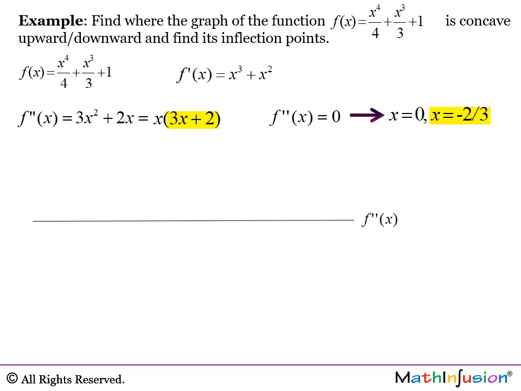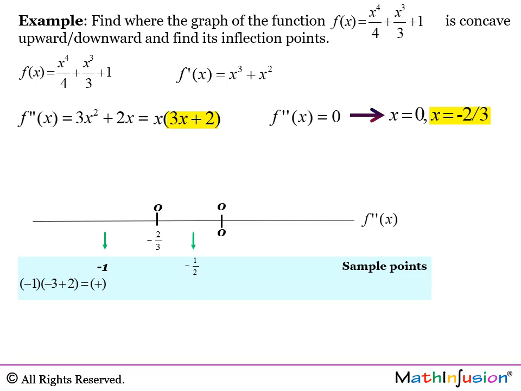We are going to perform the analysis on the real line, but now for the second derivative. It is 0 at negative 2 over 3, and it is 0 at 0, so we have to check the sign of the second derivative on 3 subintervals. We'll take a sample point as usual. We will substitute negative 1 in the second derivative, and it is a plus. Then we will take a sample point between negative 2/3 and 0. Negative 1/2 is a good one.